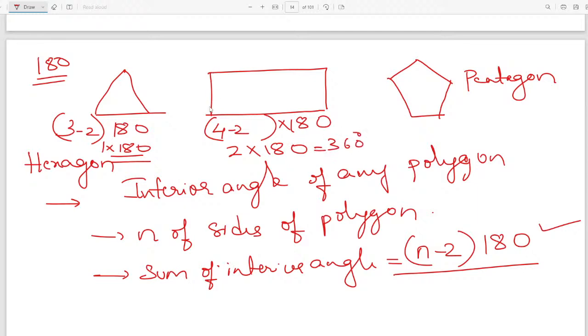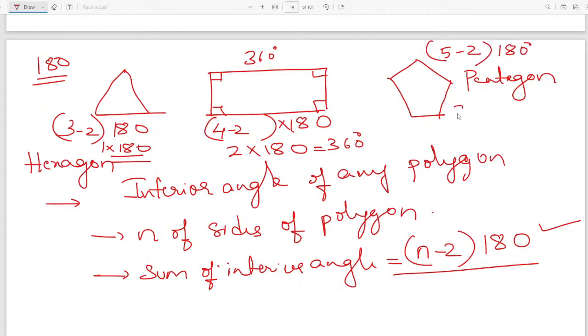A polygon with 4 sides is called a quadrilateral. The sum of the interior angles of a quadrilateral would be 360 degrees. And in case of a pentagon, this is (5 minus 2) into 180.